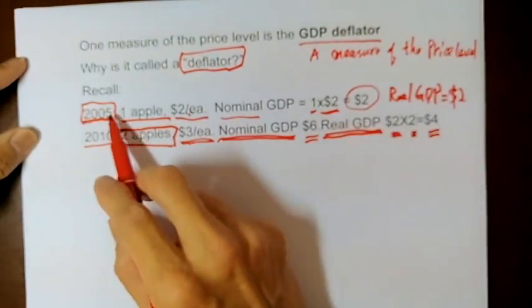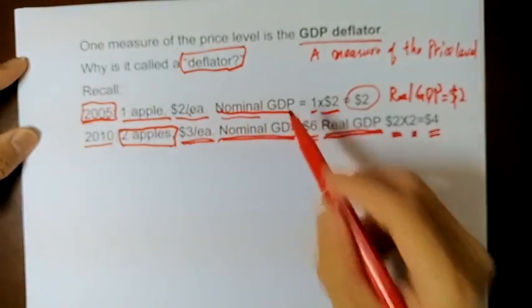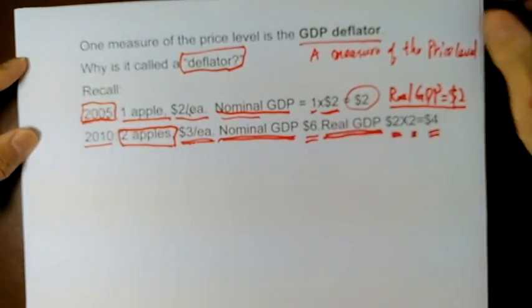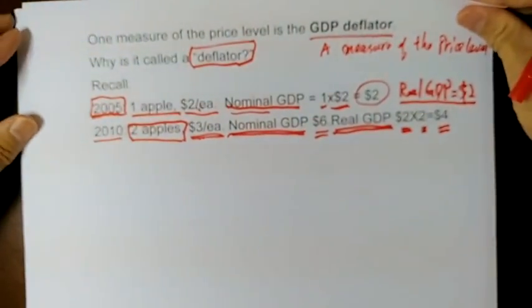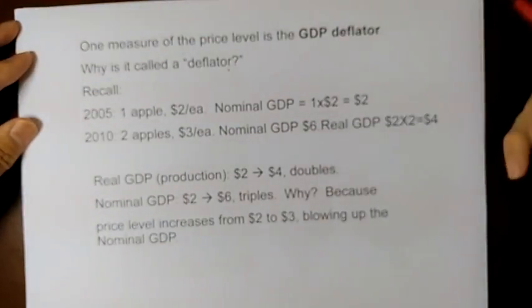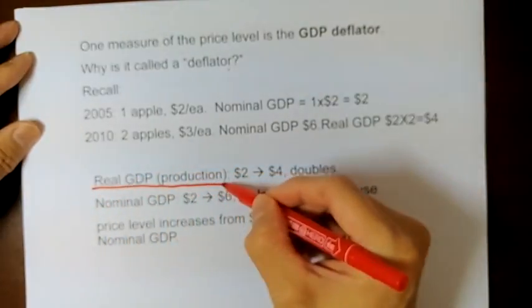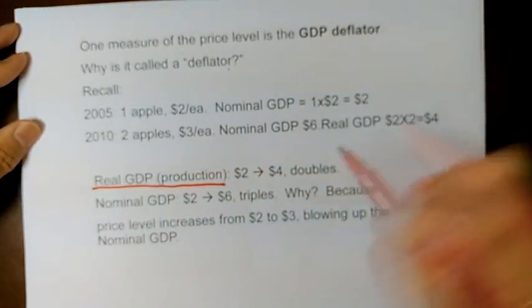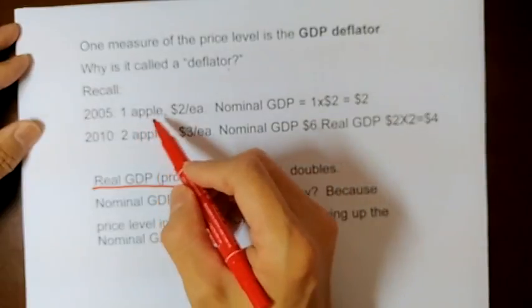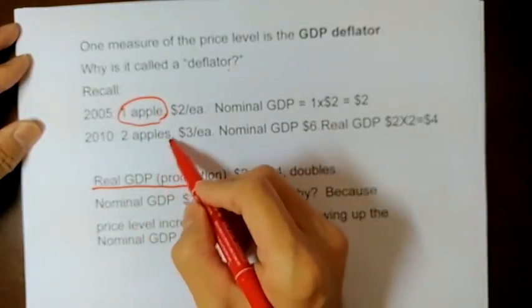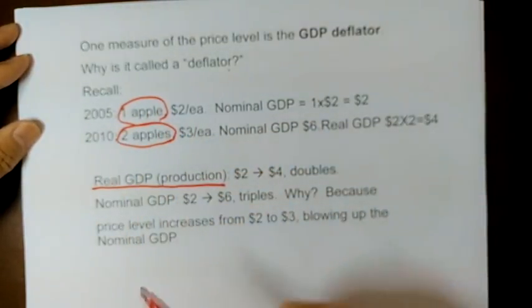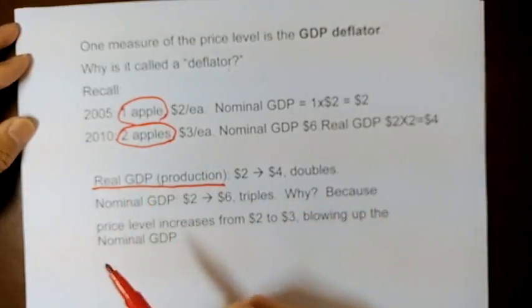And remember, in the base year, nominal GDP is equal to real GDP. Now, what is the real production? The real production is going from 1 apple to 2 apples. So real production should double.